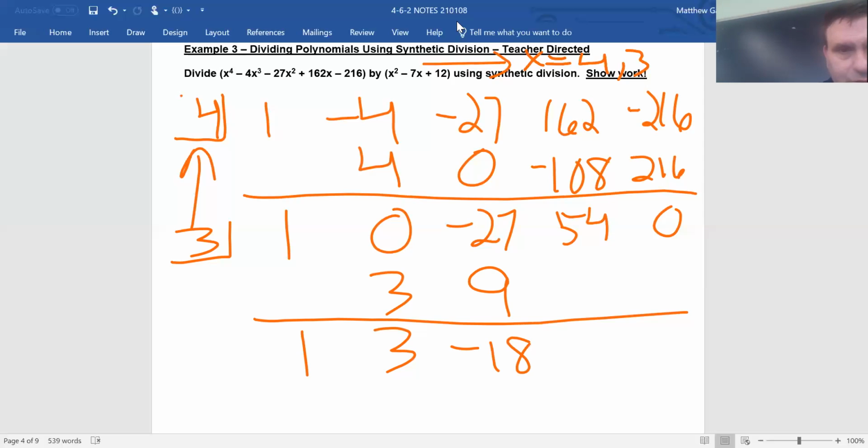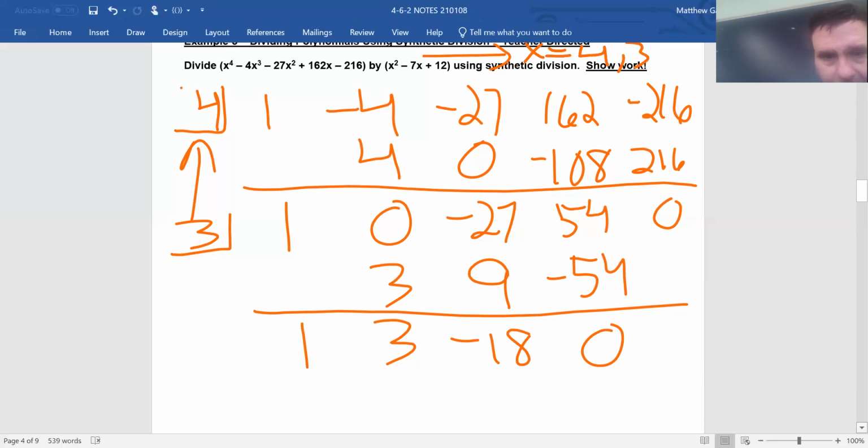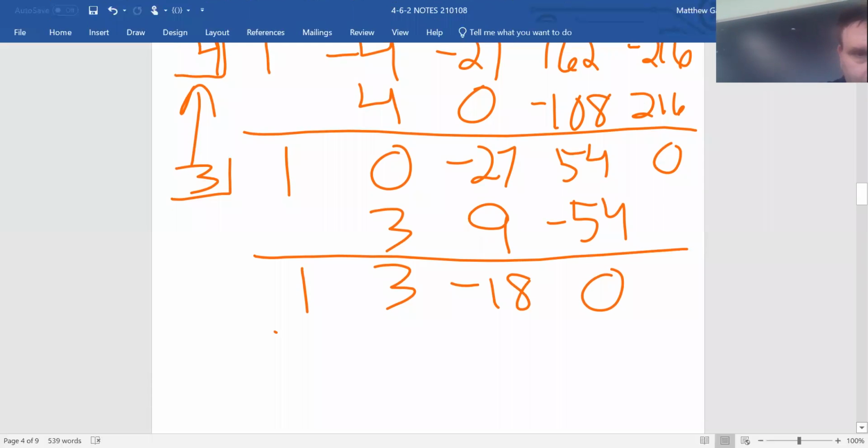And negative 18 times 3 is negative 54. So now you get a quadratic because you have 4 terms, the last coefficient being the remainder. So the quotient is 1x squared plus 3x minus 18.